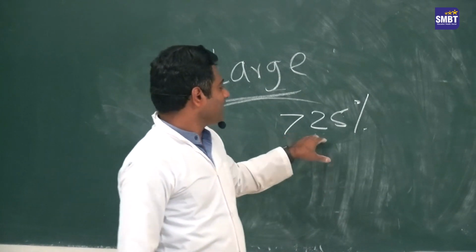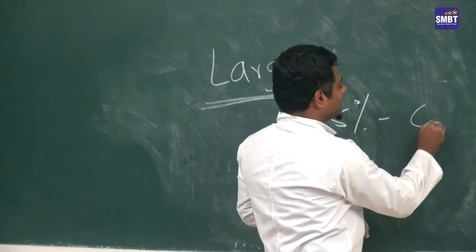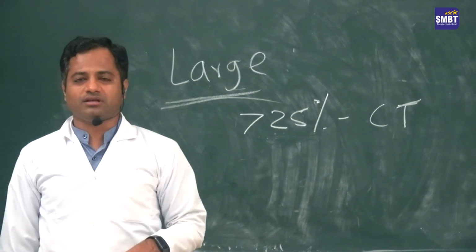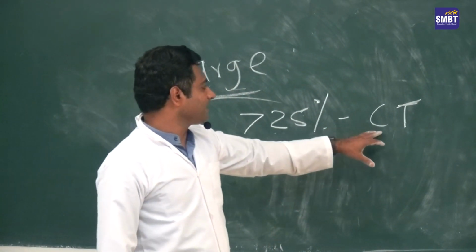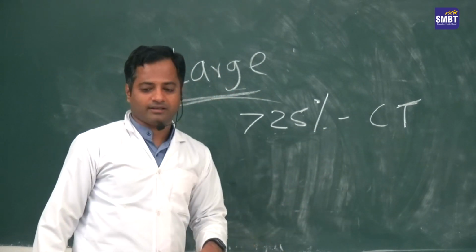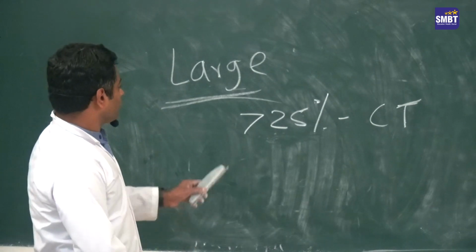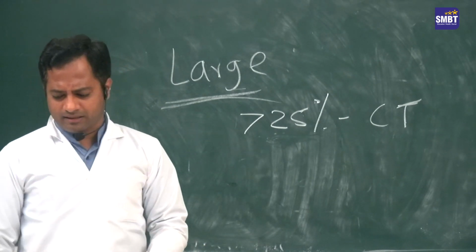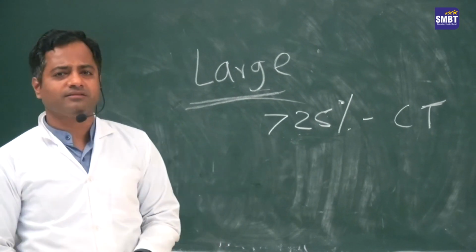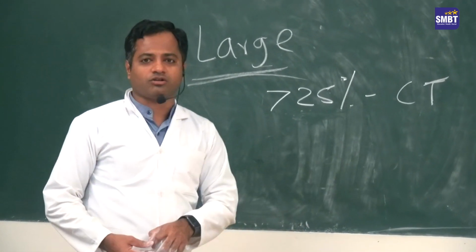It is diagnosed on a CT abdomen. USG is not a good investigation to diagnose a large incisional hernia. CT abdomen-pelvis is a good investigation for it. What is the importance of this large incisional hernia? Your treatment modalities change depending on whether the incisional hernia is large or small.